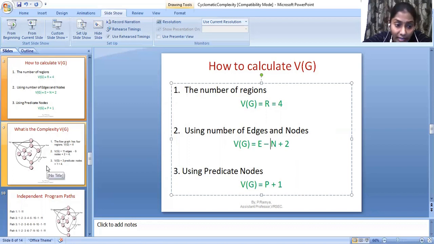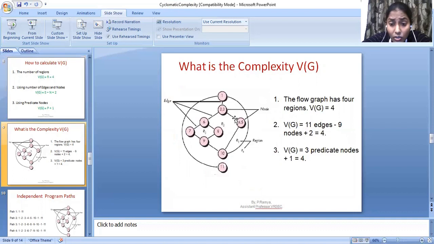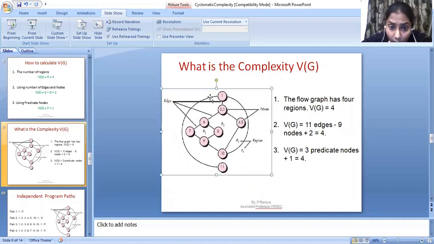See in this particular example, coming to the edges, there are 11 edges. If you see, 1, 2, 3, 4, 5, 6, 7, 8, 9, 10 and 11. There are 11 edges in this particular example.